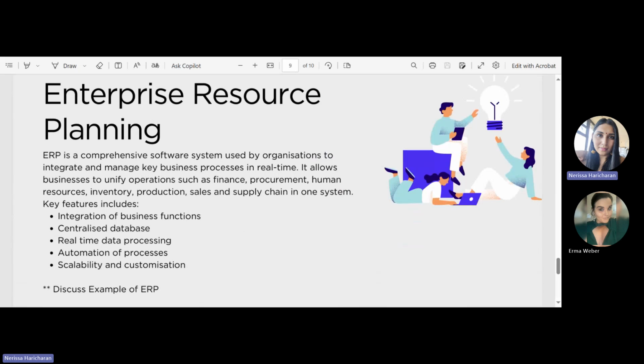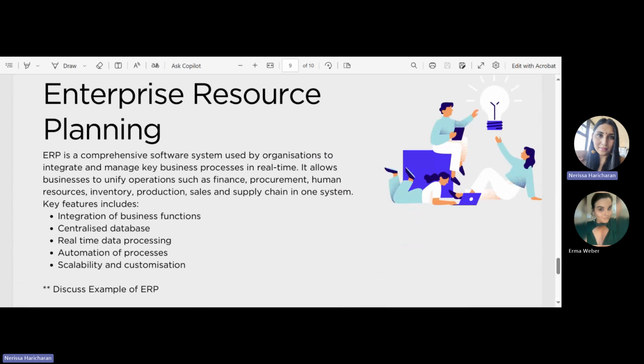Then you have automation of processes. So your ERP automates any sort of manual work or repetitive work, whether it is payroll processing or order tracking, financial reporting. So anything that is basically prone to human error, so that you can have better productivity. That's what it's eliminating. And then the last one is scalability and customization.